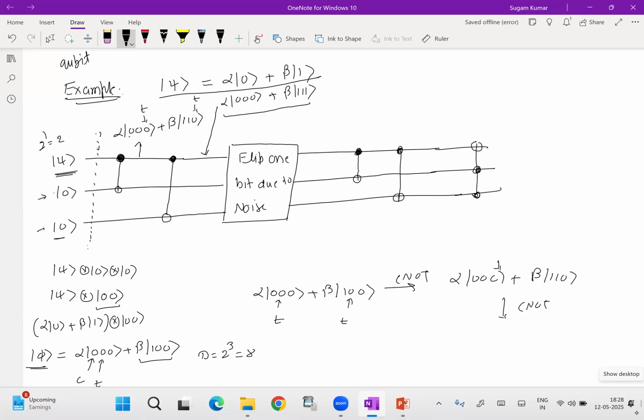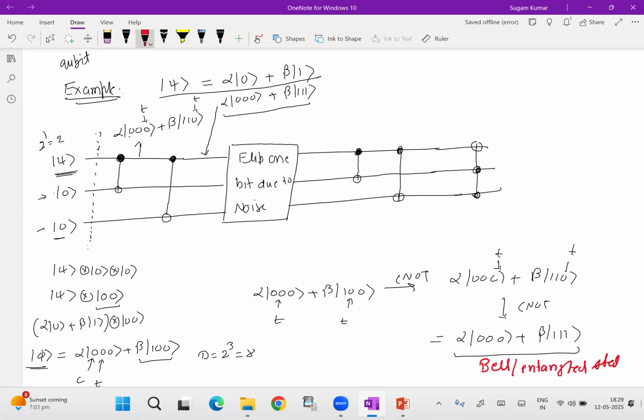Again, this is going to act like a target. So you're going to have alpha 0, 0, 0 plus beta 1, 1, 1. Now, can you see what kind of state this is? Bell state. This is the Bell state, an entangled state. So you have created an entangled state.